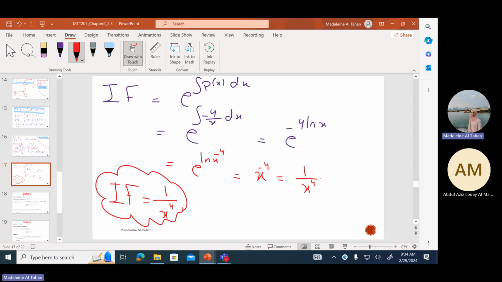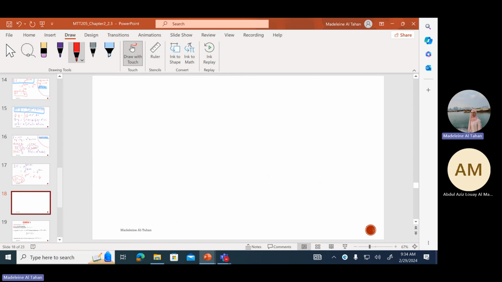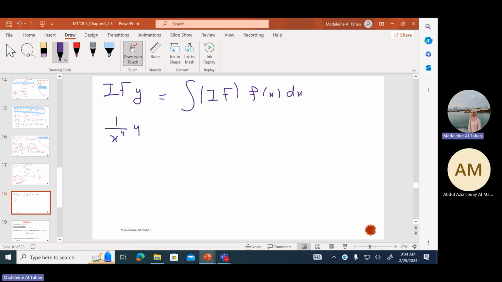Put in the formula and let me know the answer. So, should we put here integrating factor times y equal integral of integrating factor times f of x dx, right? What's the integrating factor? 1 over x to the 4 y equal integral of 1 over x to the 4 times x to the 6 sine 2x dx.